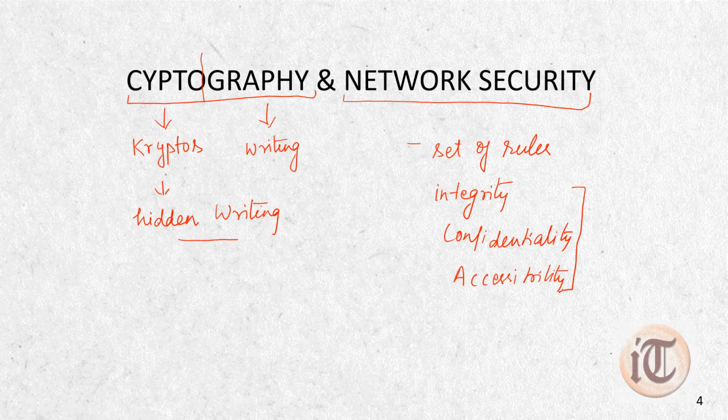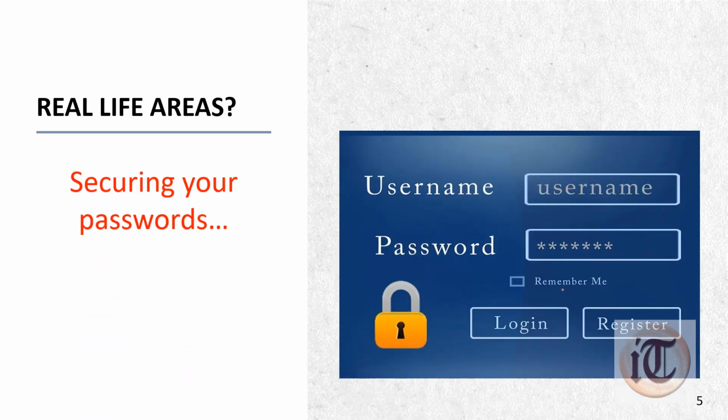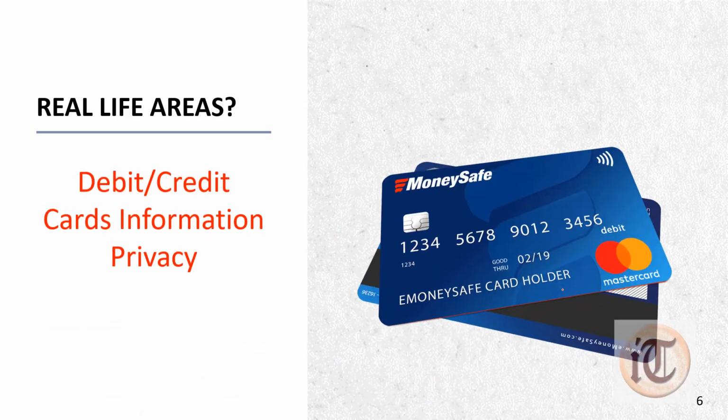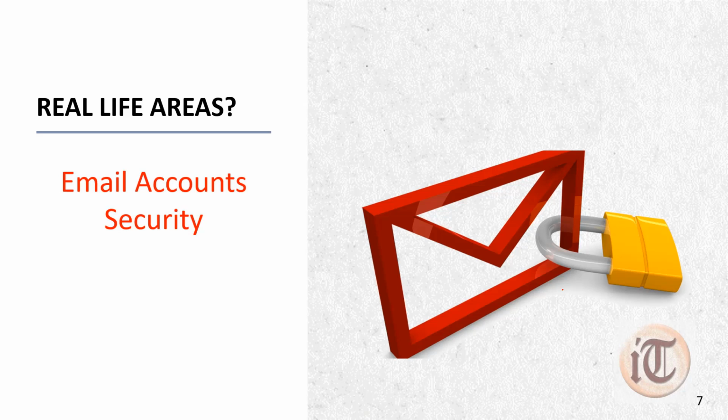Now we will take a look at real life areas where cryptography is applicable. Have you wondered how companies securely store your password? How credit card or debit card information is kept private when making your online purchase or transaction? About email account security?